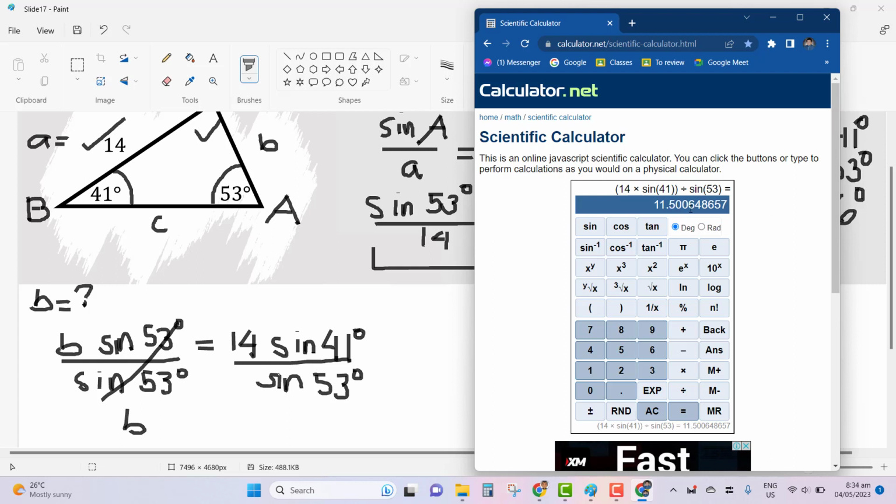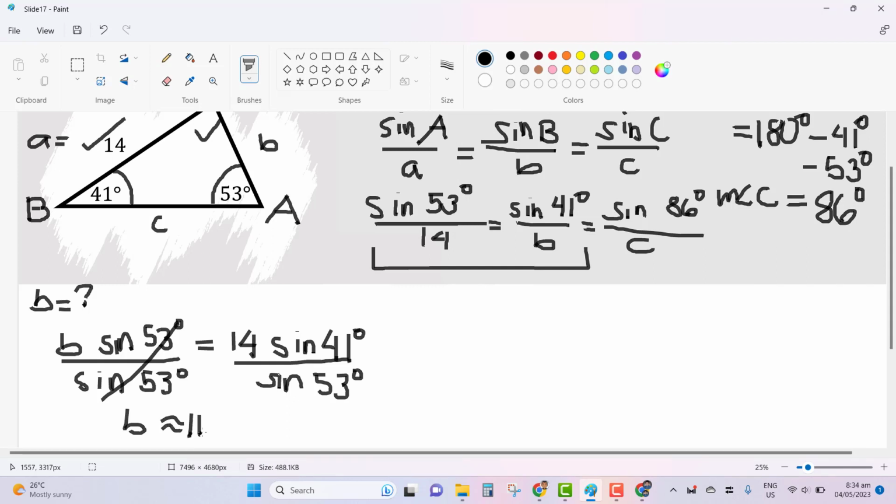Let's round it off to two decimal places, and by doing that, we are using approximation. So B is approximately equal to 11.50 units. Please place the 0 for two decimal places because it's significant. It's not exactly 11.5, but it is actually a rounded off value.